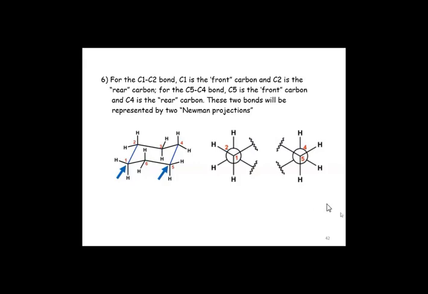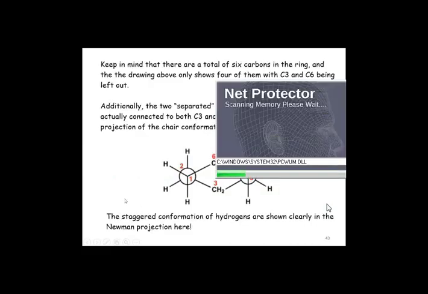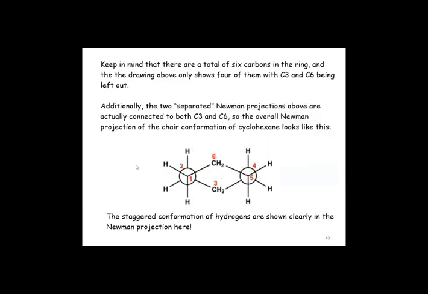Now, with this, we have represented carbon 1, 2, carbon 4, 5. What about carbon number 3 and 6? If we want to represent the entire structure of cyclohexane using Newman projection, keep in mind that there are a total of 6 carbon atoms in the ring, and so far as we have discussed till now, only 4 of them are shown, whereas C3 and C6 have been left behind.